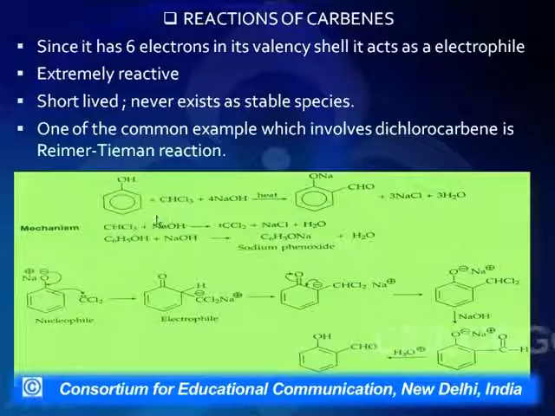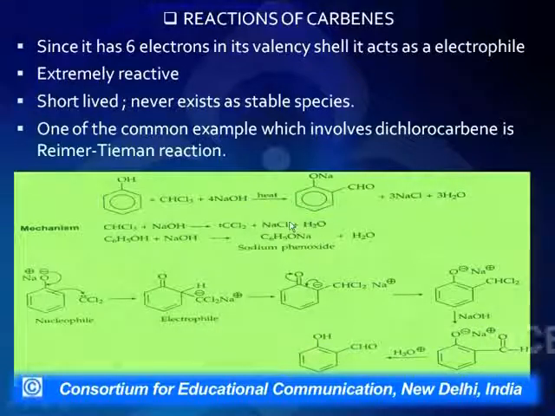When I say alpha elimination, what we mean is that two atoms are being removed from the same carbon. If we look into the reaction mechanism, OH minus and Na react with Cl: it abstracts a Cl from chloroform and we get NaCl, and OH at the same time abstracts a hydrogen from chloroform, resulting in the formation of a water molecule.